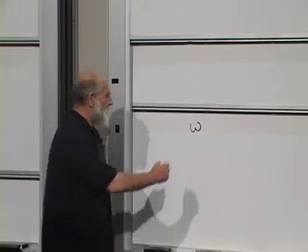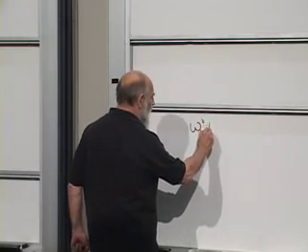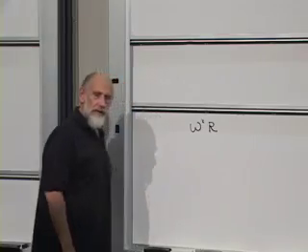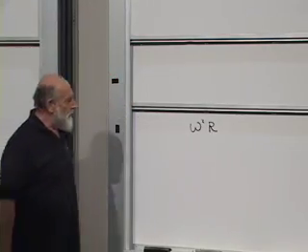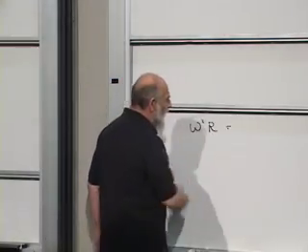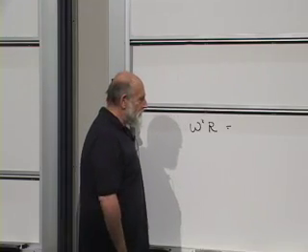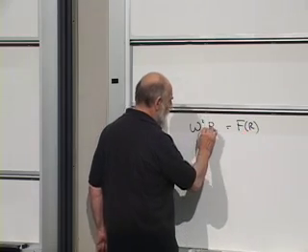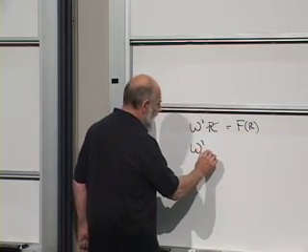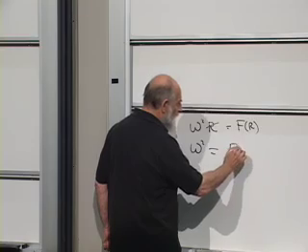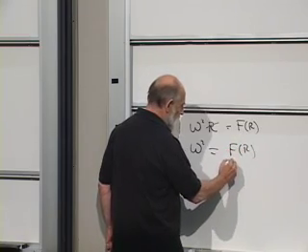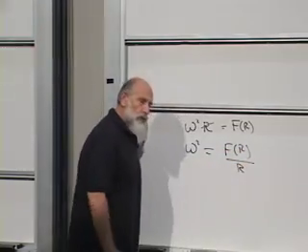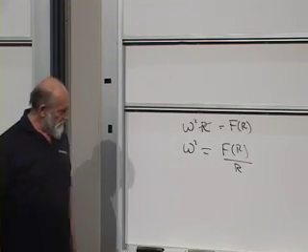Omega squared r. That's the acceleration. Now, suppose he sets that equal to some unknown force law, f of r, and then divides by r. Then he finds omega as a function of the radius of the orbit.